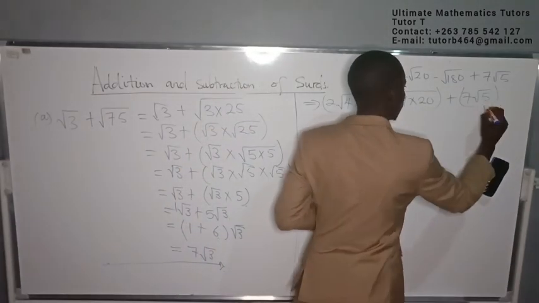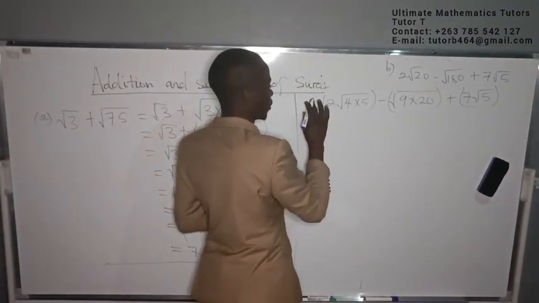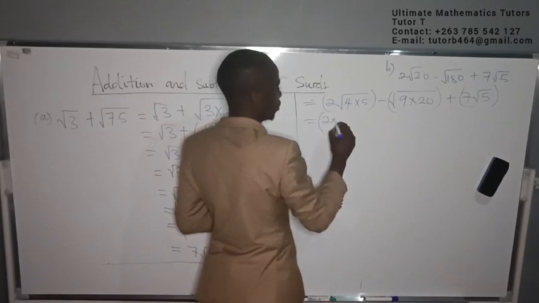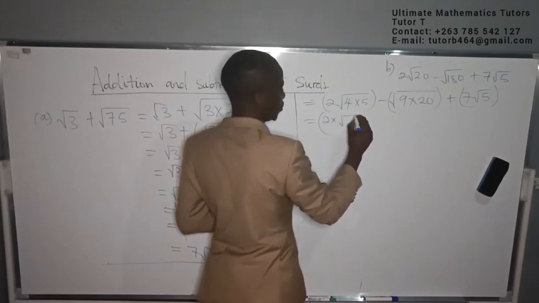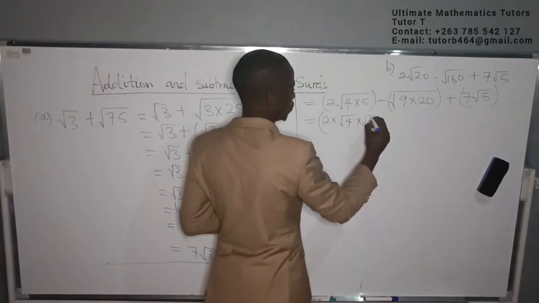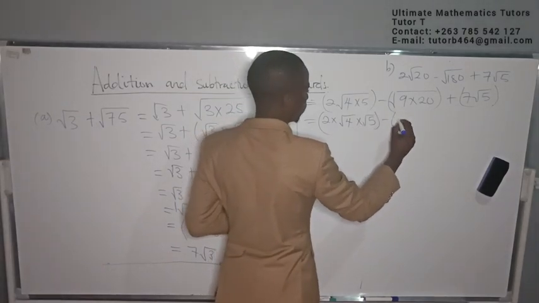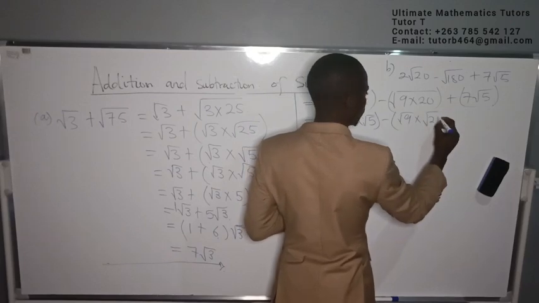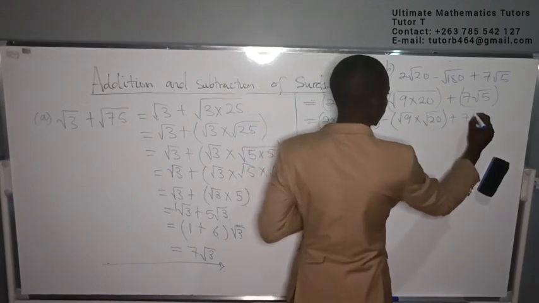We can also put that in brackets. Right, so 2 times root of 4 times root of 5 minus root of 9 times root of 20 plus 7 root of 5.